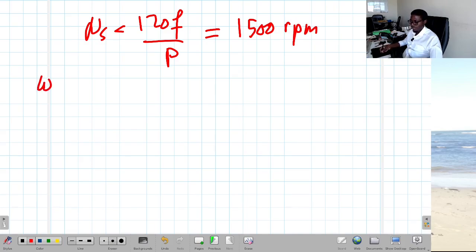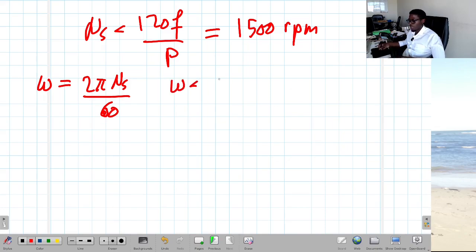But then our rotational speed, omega, is 2 pi Ns over 60. So in this case, our rotational speed is 2 pi multiplied by the speed that we've been given, 1,500 over 60. This gives us the omega that we have.